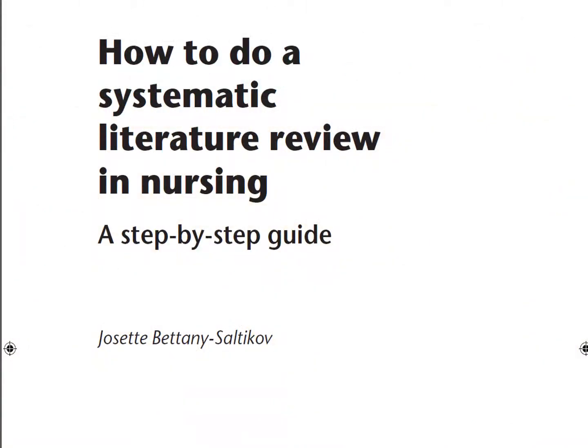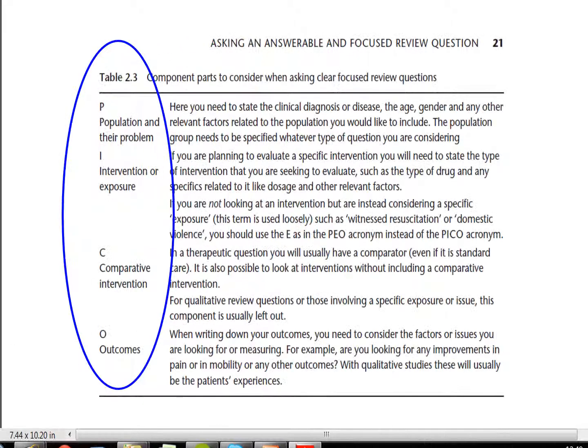Of course, there are some excellent books published on how to do systematic reviews, and this is just one example by Josette Bettany-Saltykov, from which I've taken the example of PICO and PEO, which is a helpful way of formulating a research question for a systematic review, as follows.